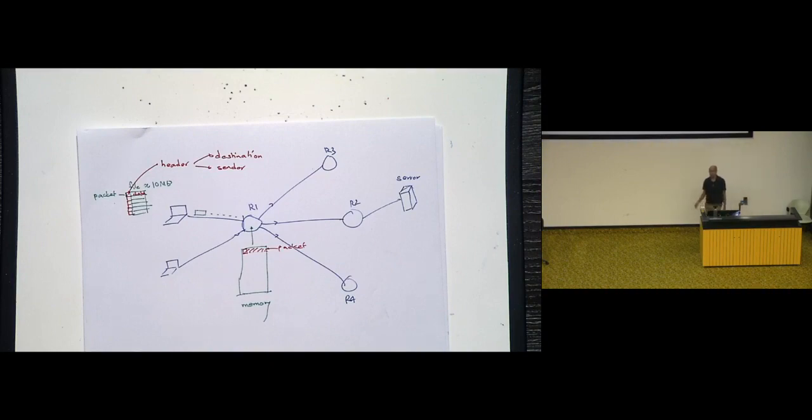So the router runs something called a routing protocol. And one example of that, which you may have heard of, is called IP. IP is a routing protocol, for example. And later on, we will also look at some of these routing protocols, how they're implemented, how they work, and so on. So basically, it will look at the destination address where this particular packet wants to go, and it will select whether I should send to R3, R2, or R4. And let's say the routing protocol says you need to go to R2.